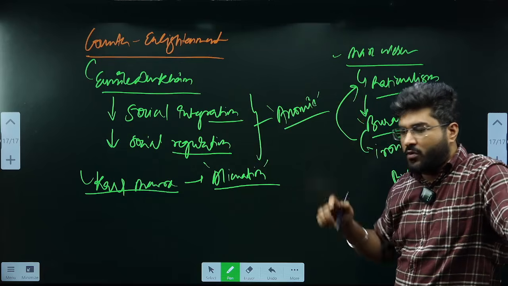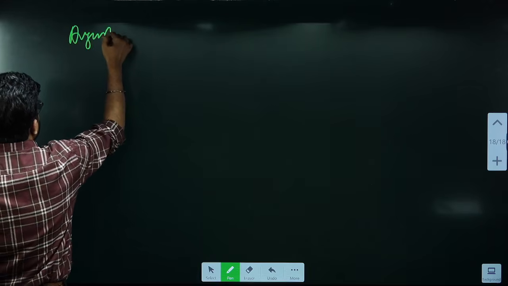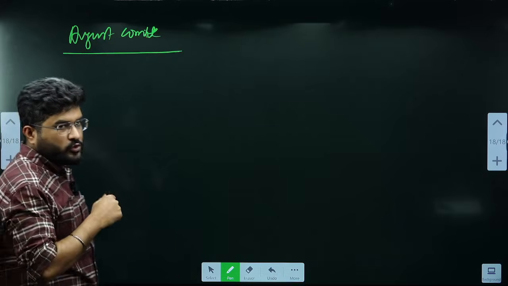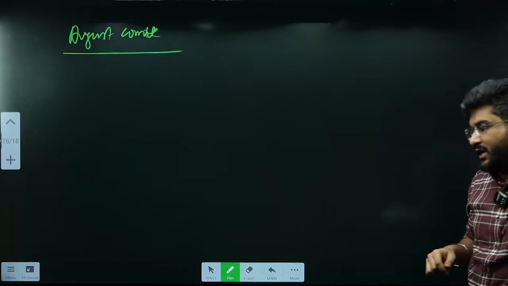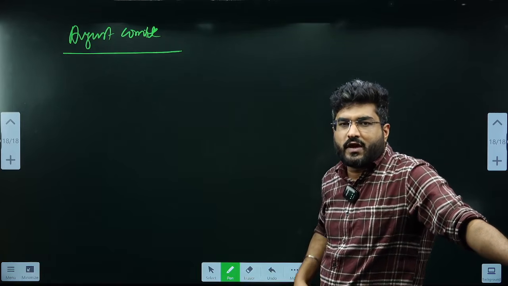Then there is Auguste Comte, who was also very much questioning modernity and the changes which it had brought, that there is a lot of social chaos, a lot of social problems which we have to focus upon.